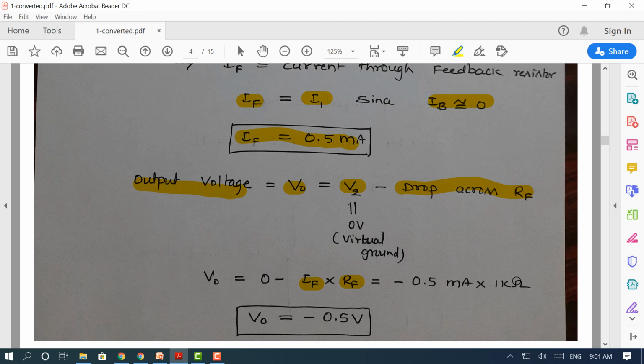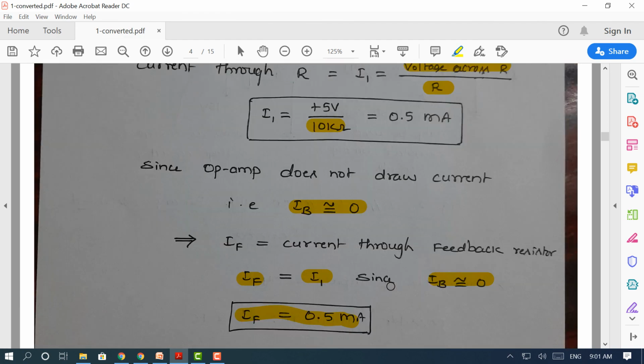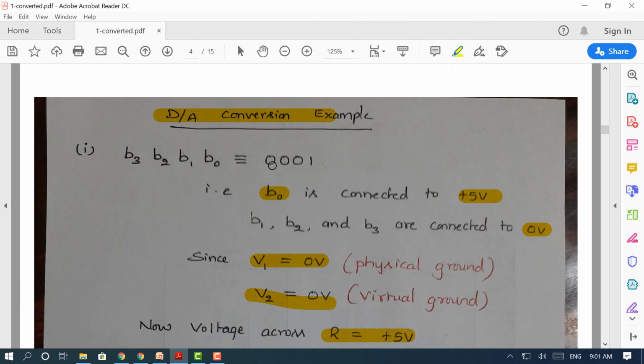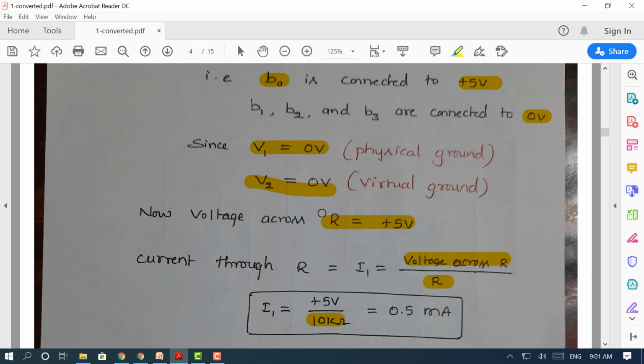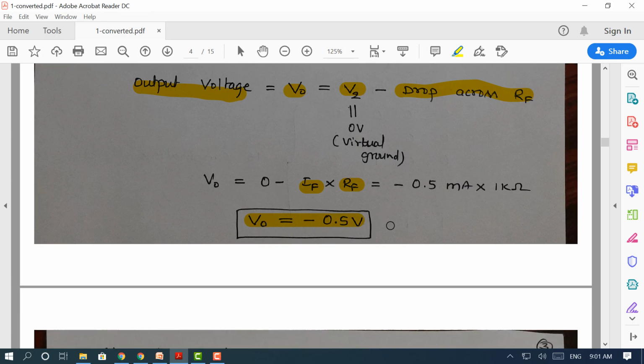We have assumed RF as 1 kilo. Therefore the output voltage is minus 0.5 volts. This is the output voltage for the input combination 0, 0, 0, 1.